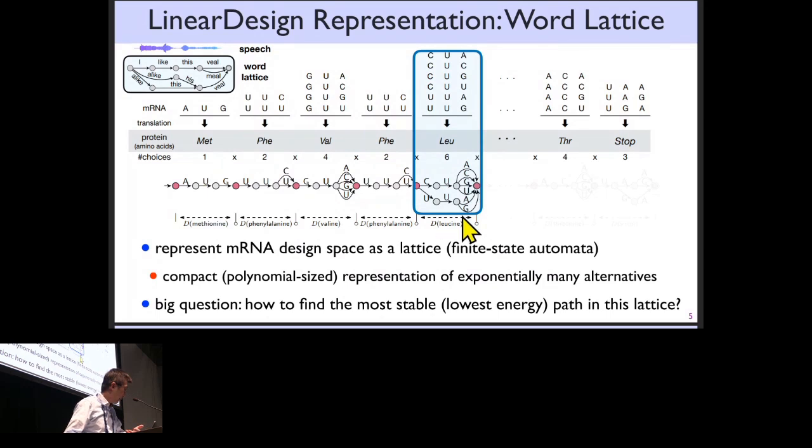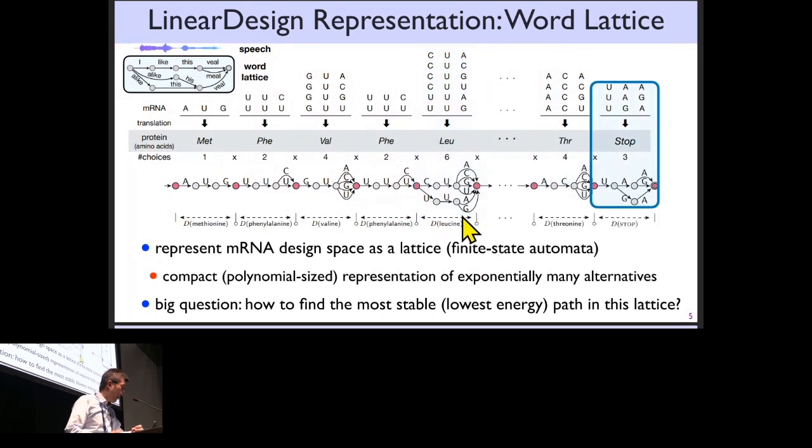It's more complicated like this. Then you stitch all these little DFAs or lattices together. You get a very long mRNA design lattice, which encodes all the exponentially many different sequences, where every path from the beginning to the end is a valid sequence for vaccine development. But the big question is, how do you find the most stable one?